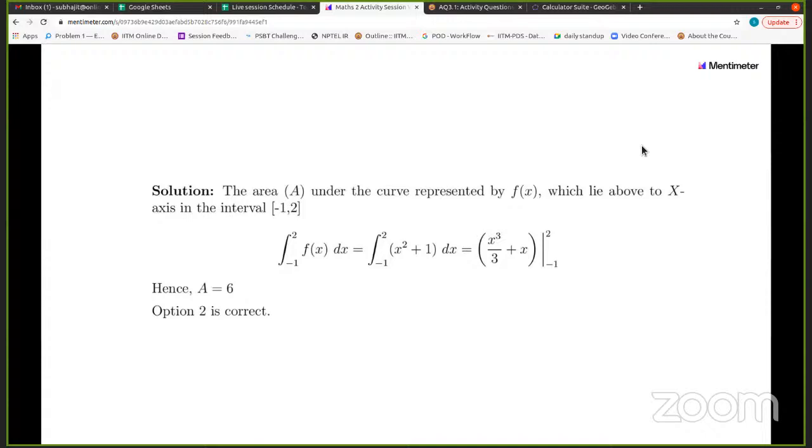It will give me x cube by 3, and for 1 I am getting x. So I am calculating in -1 to 2. If you just put the values there, then I think you will get a equal to 6 if you calculate it correctly. So option 2 is the correct one. This one was an easy one.